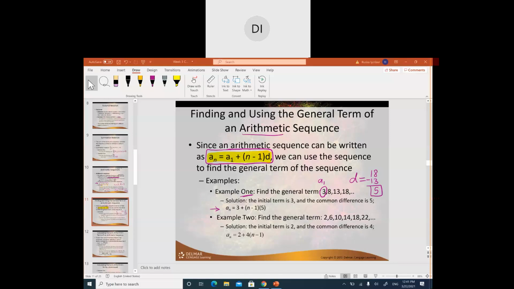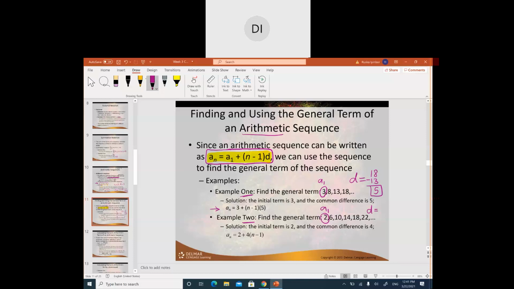Everybody understand that? Let's go over example 2 also. So example 2, you have to find the general term. This is my sequence given: 2, 6, and so on. So the first term A1 is going to be 2. And if I want to find the common difference, I subtract any 2 consecutive terms. Doesn't matter.